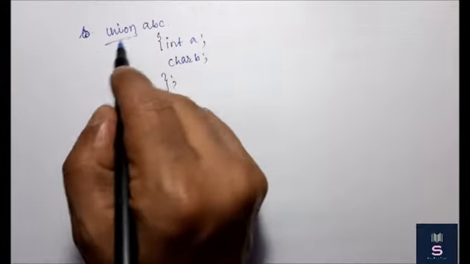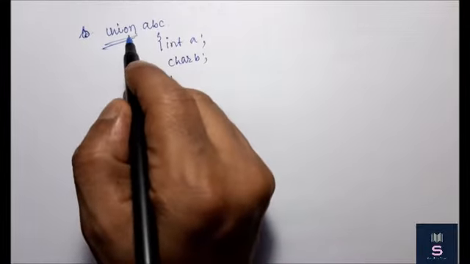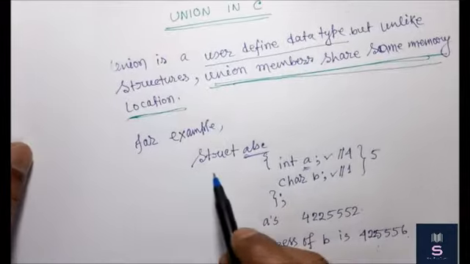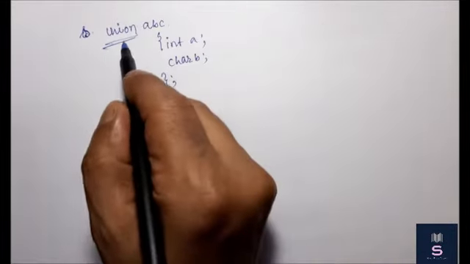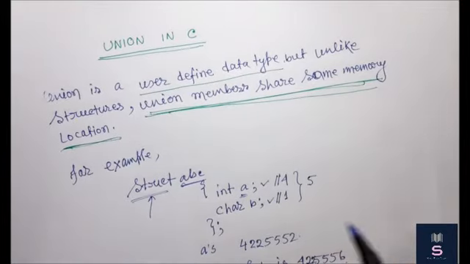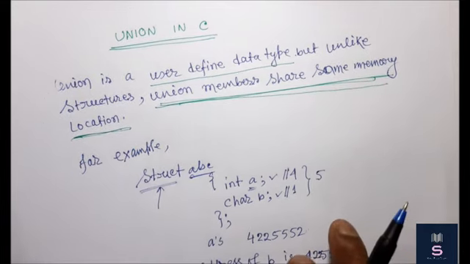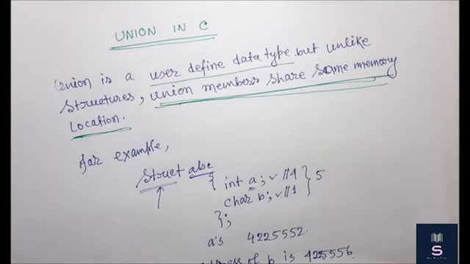In case of structure I used the struct keyword, but in case of union I use the union keyword, and the rest of the procedure is the same. How we declare a structure is also applicable for union. The only change is that we use the union keyword.